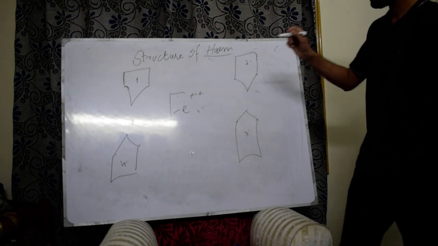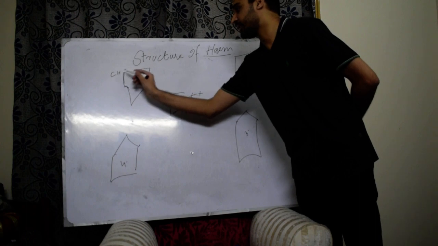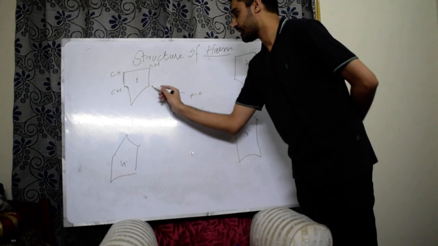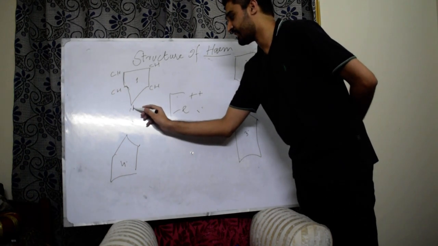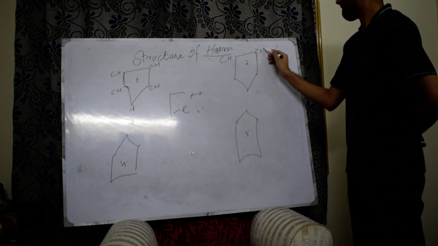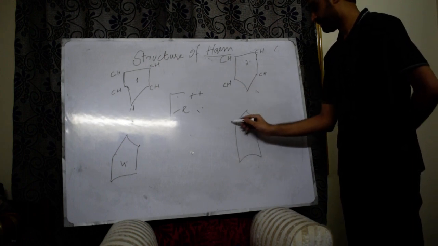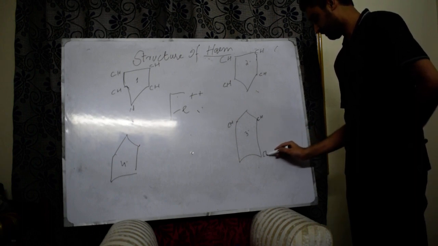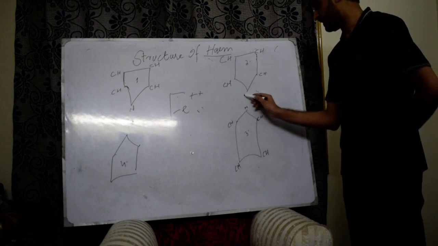These pyrrole rings, at every spot, have a CH bond. So we write CH, CH. On this end, it has nitrogen, and the nitrogen is in between.